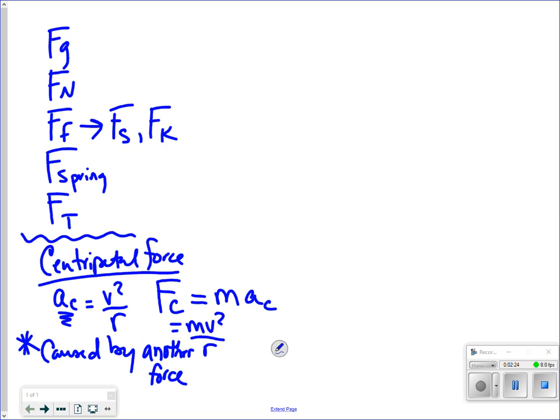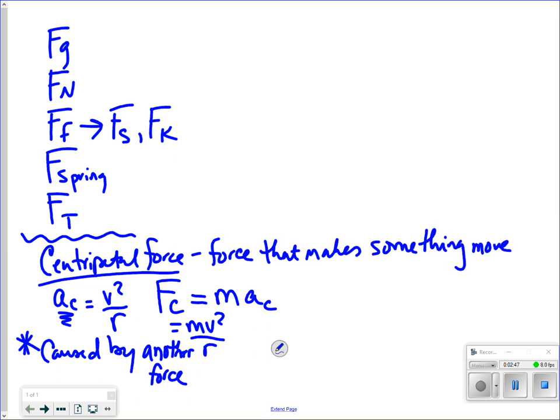And I think I may have mentioned that already. All right, so I don't want you labeling these free body diagrams we're talking about with centripetal force as a separate arrow, okay? If something is moving in a circle, I should really define that, shouldn't I? That makes something move in a circle. It is being caused by something else.